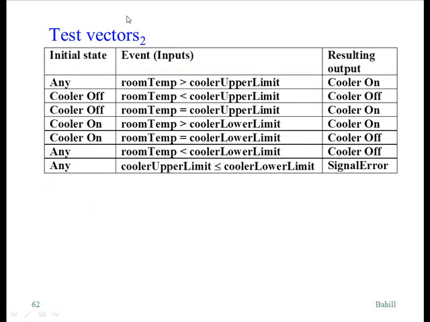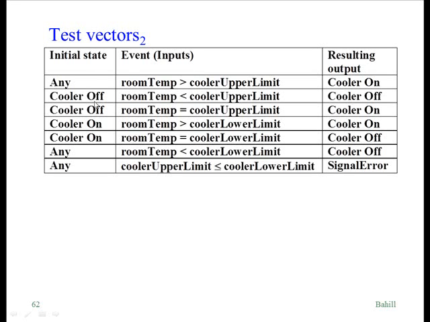Continuing on with test vectors. So they provide an initial state. Here they're looking at the cooler. Could be the AC or the evaporative cooler. So they start with any state. They look at the event, which is the input.